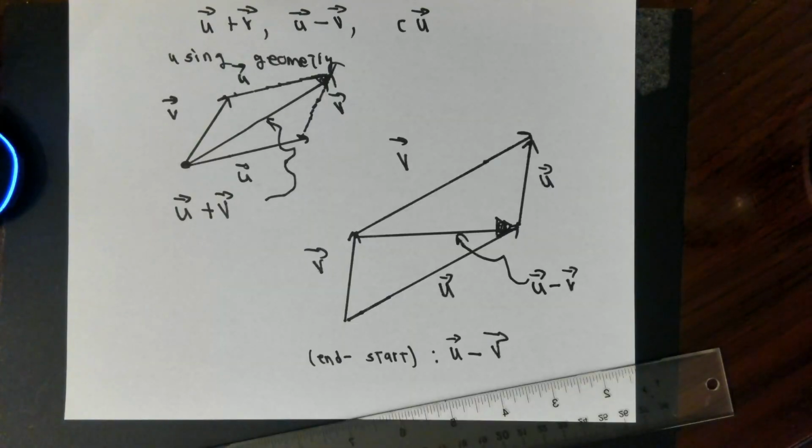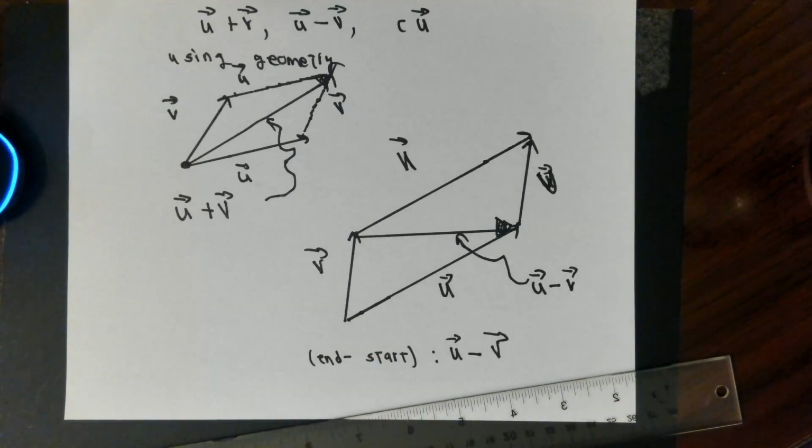In the parallelogram picture, set it up as before. U and V have a common initial point.